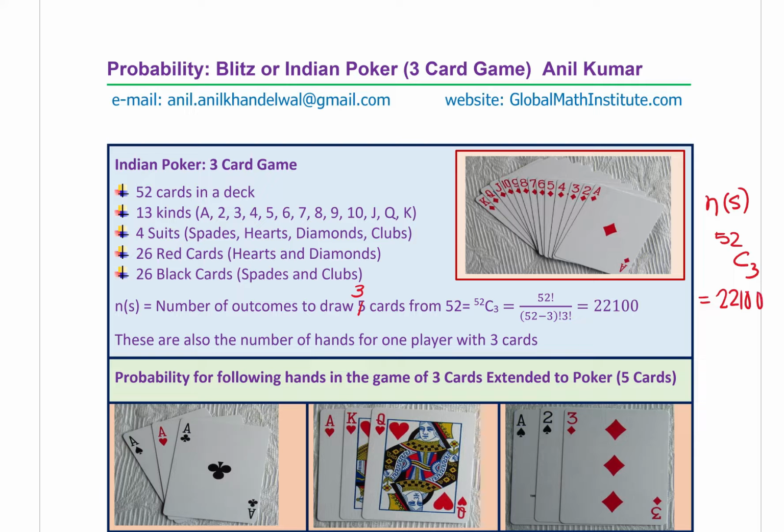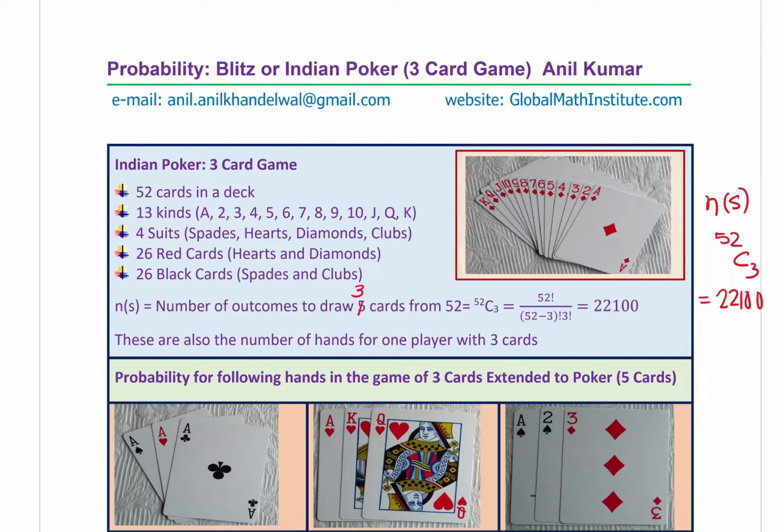Is that clear to you? This is the number which goes in the denominator when we divide. These are the number of hands also. Sometimes the question could be, how many hands can you have when you draw only three cards from a pack of 52? There could be 22,100 hands, right? 22,100 hands.